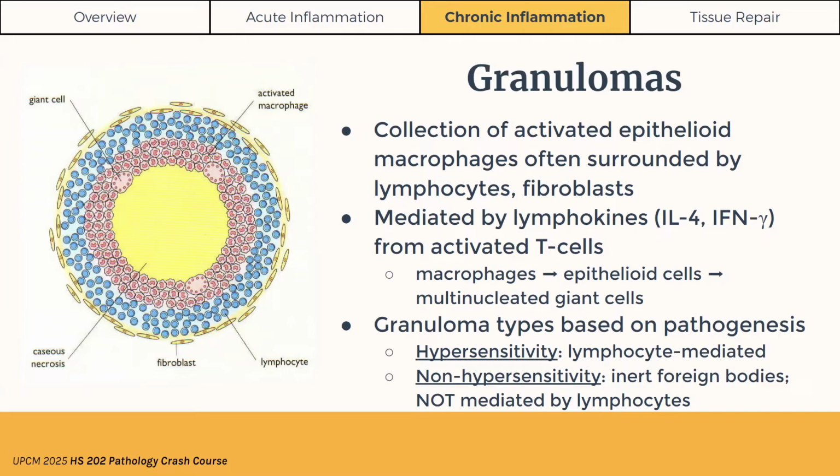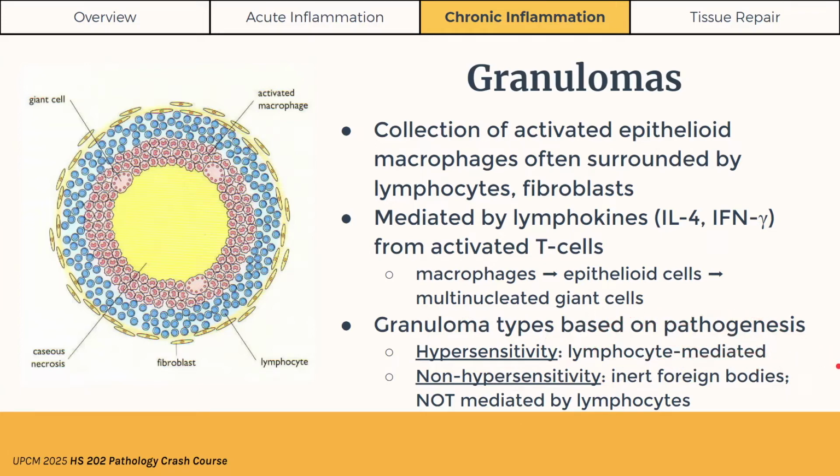Ayan. So, there are 2 types of granulomas based on what caused the formation and whether or not may lymphocytes silang kasama. So, sa hypersensitivity na type ng granuloma, they're caused by agents na kayang mag-induce ng response from lymphocytes. So, pag nakita ka ng granuloma na may lymphocytes, it's more likely na it's caused by an injurious agent na nag-induce ng lymphocyte response.